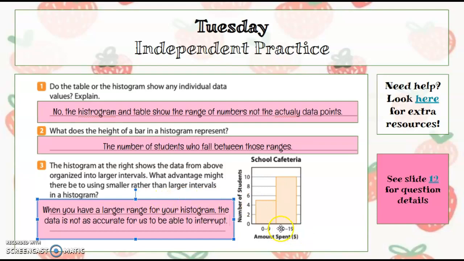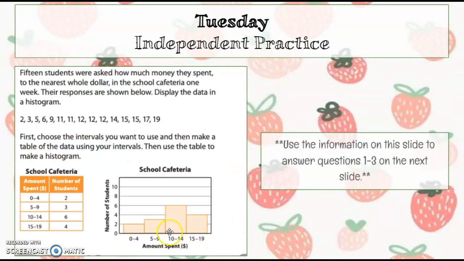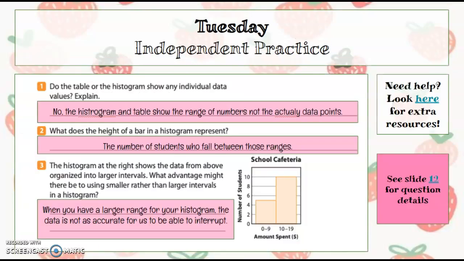Because if you look here from 10 to 19, it says that there's 10, but 6 of those came from just 10 to 14. So really our highest number here is from 10 to 14. So we want to make sure that we separate that data so that we really get a good view of what that data is representing.